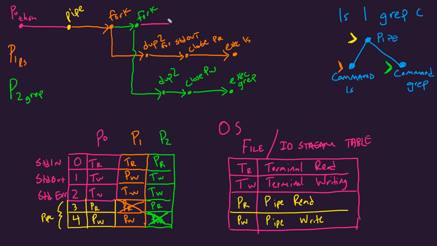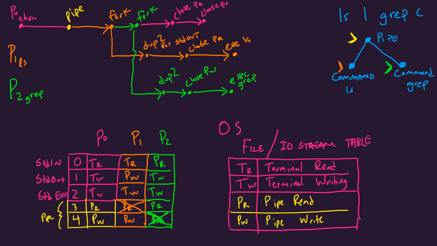Now, what are we doing back up in our parent process, the shell program that we're writing? Well, we want to be good citizens and close this pipe that we're no longer using, right? So this pipe is no longer open in our process. So we would close the read end of the pipe and the write end of the pipe in our parent process. All right, so we're going to close these two things.